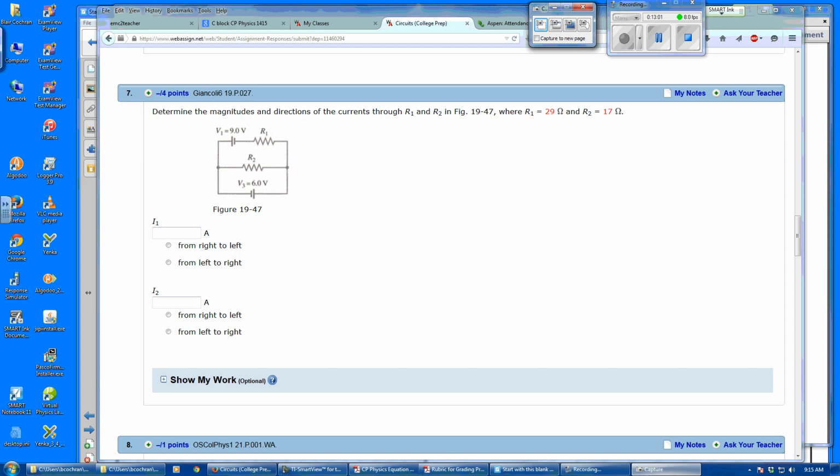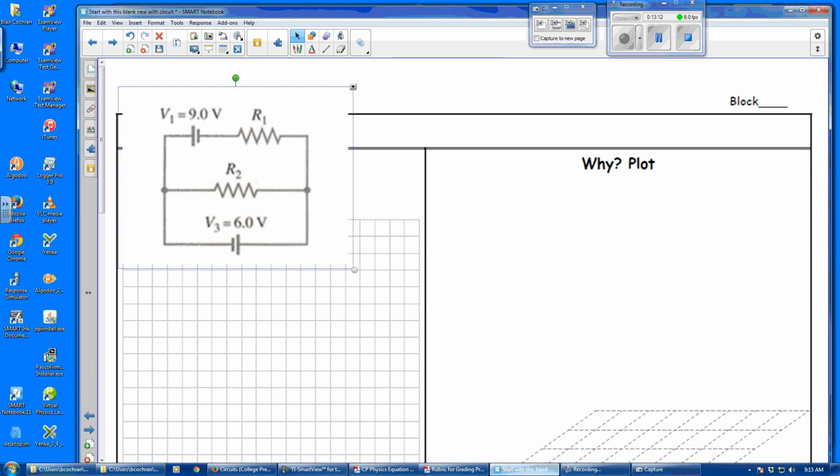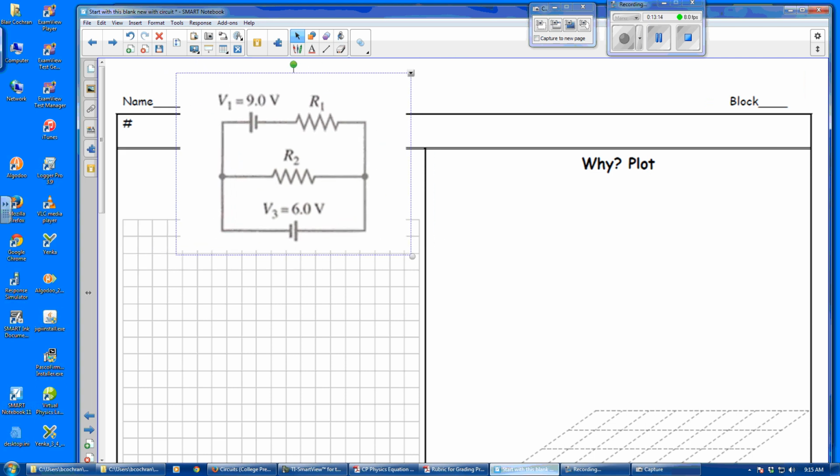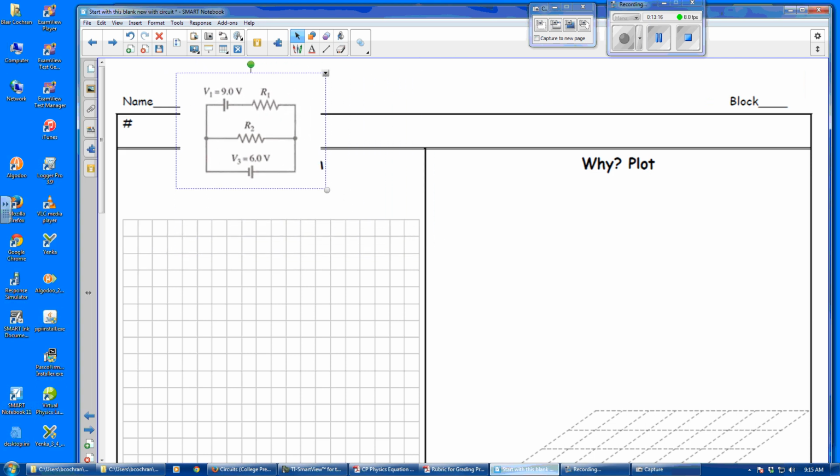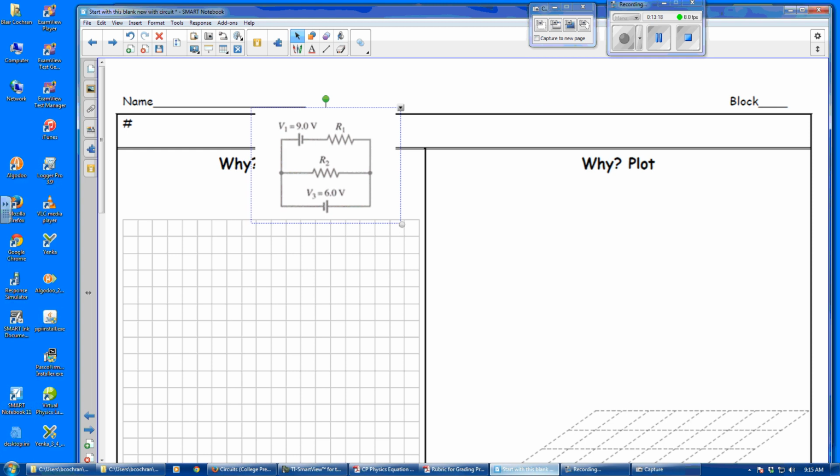I'm going to grab this circuit diagram just to reference, but I'm going to draw my own. Notice that I'm using one of the new redesigned circuit sheets. So you want to use one of those that is double-sided.